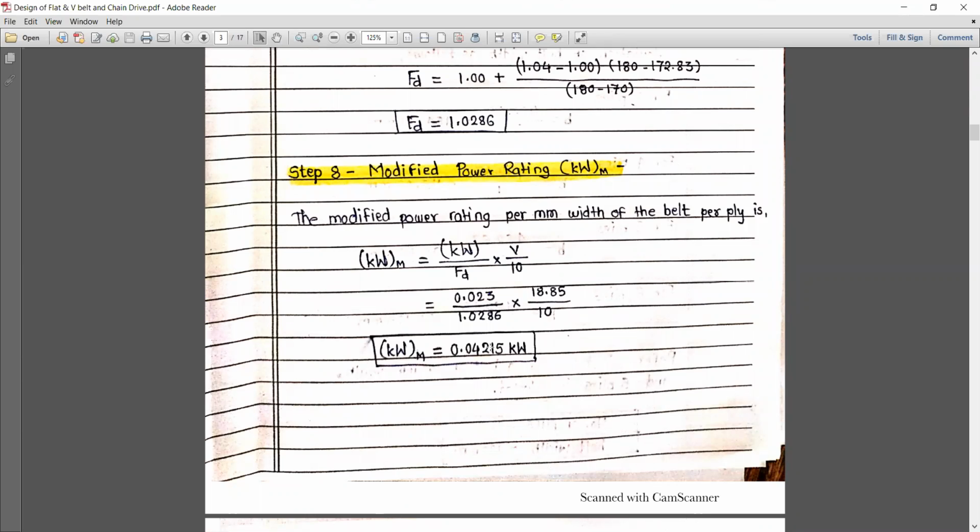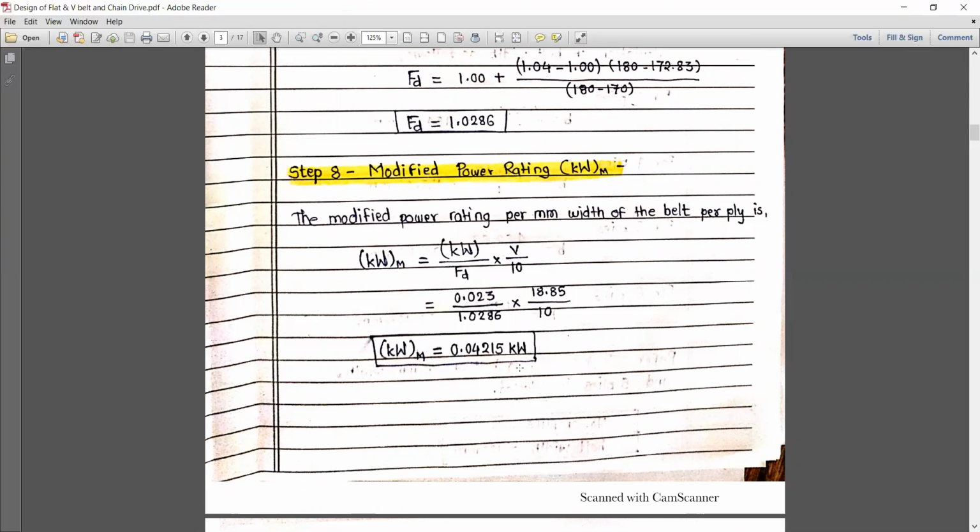Next one, the modified power rating. To calculate the modified power rating, as the velocity has changed, we need to consider a correction factor based on the arc of contact. The equation is given over here. Modified power rating per width of the belt per ply is equal to the given power rating per width of belt per ply divided by the correction factor multiplied by velocity divided by 10.